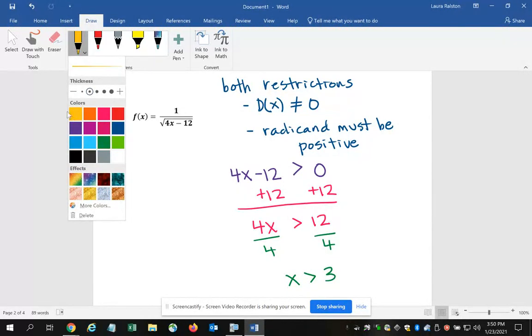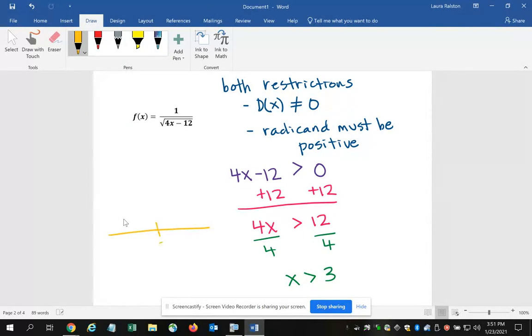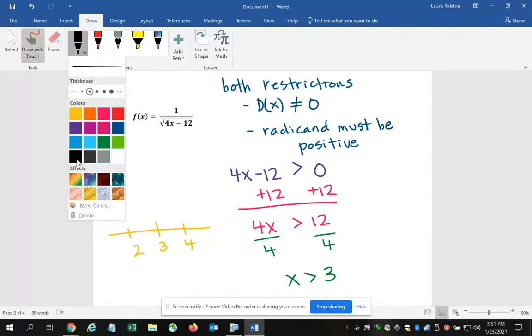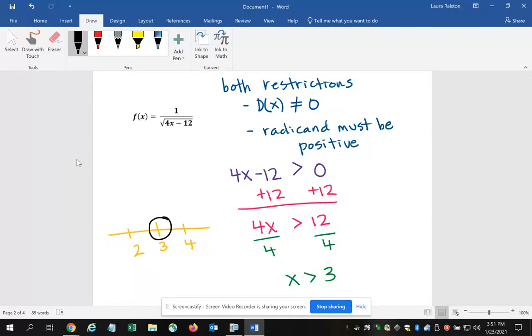Again, thinking about it in terms of the number line, so we can write it in interval notation. In this case, you would have an open dot at 3 because you can't use 3, and you want to be greater than, which is to the right. So ultimately, our domain begins at 3, and it's a parenthesis because we're not using the 3, and it keeps going to positive infinity.